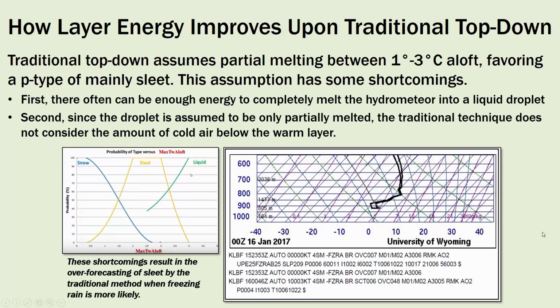So in a sense, we would expect a result of freezing rain in this case. And sure enough, that is the precipitation type that was occurring during the time of this sounding. So sleet was not the dominant precipitation type in this particular case.